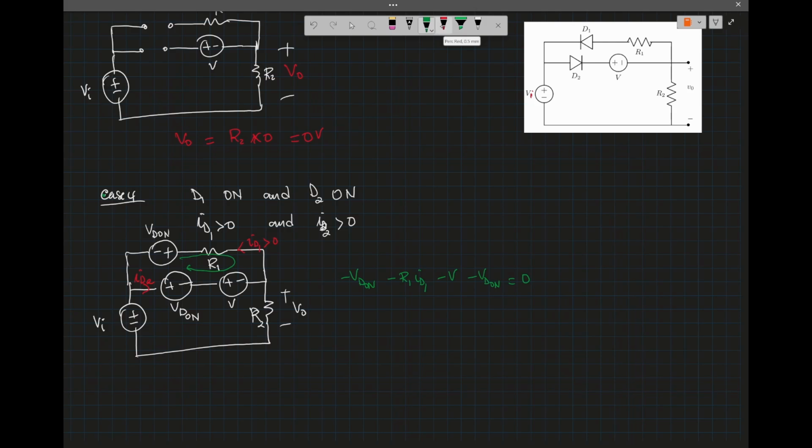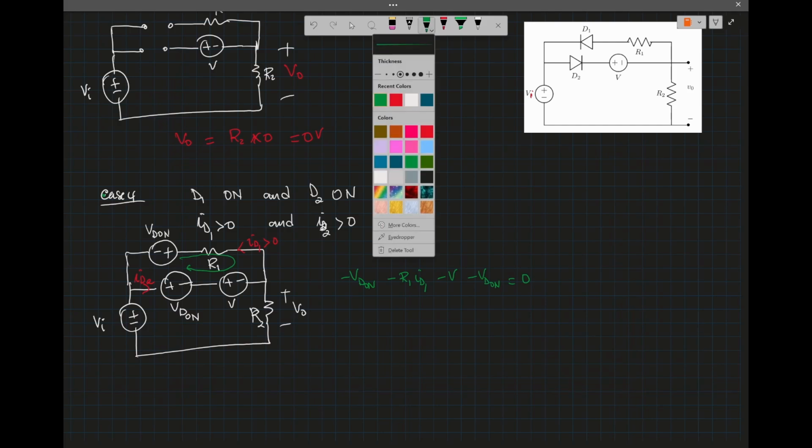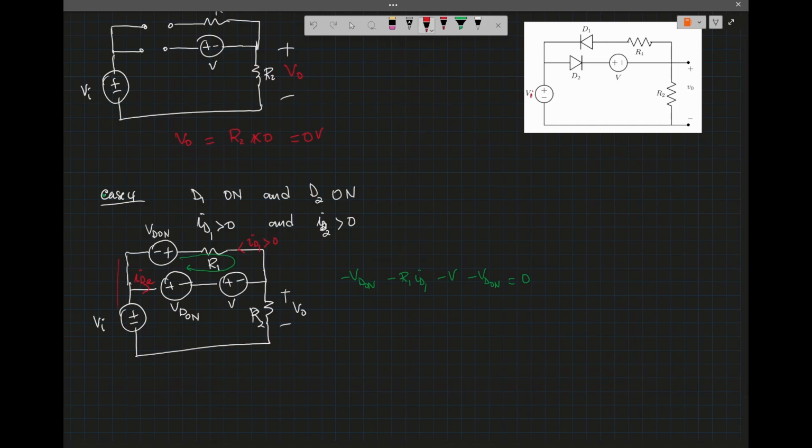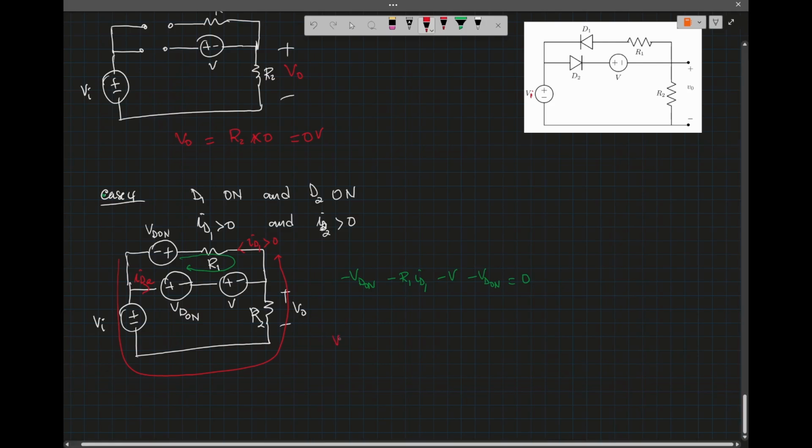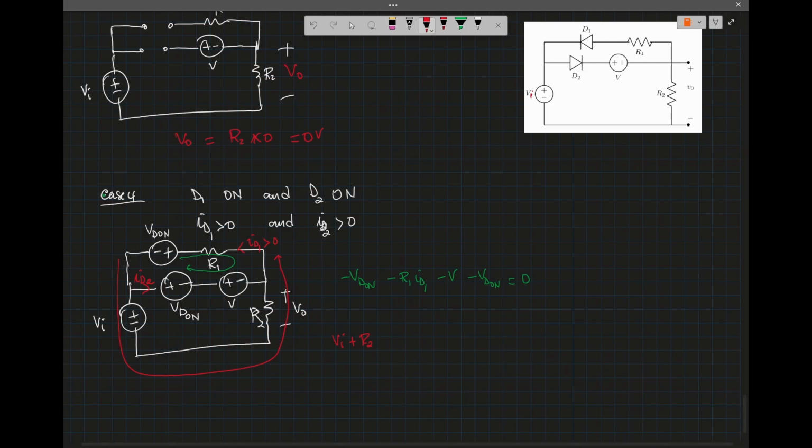So if I did KVL around the outer loop, that will give me VI plus R2 times R2.